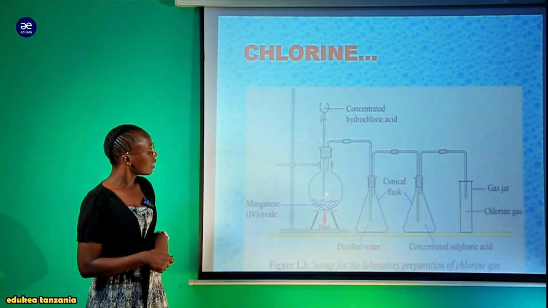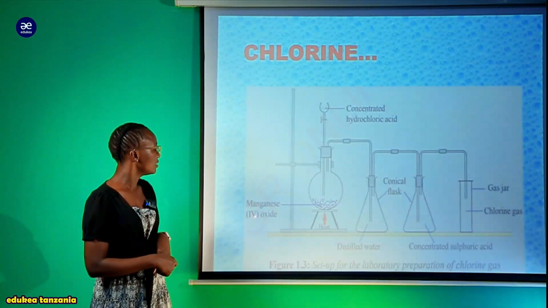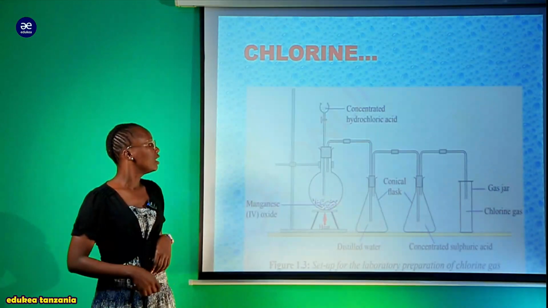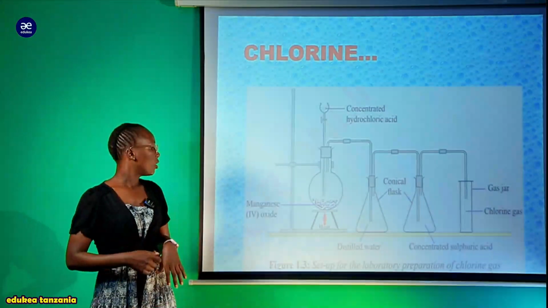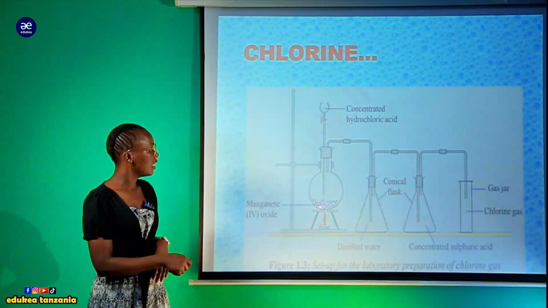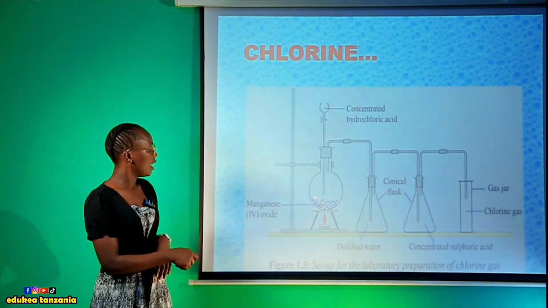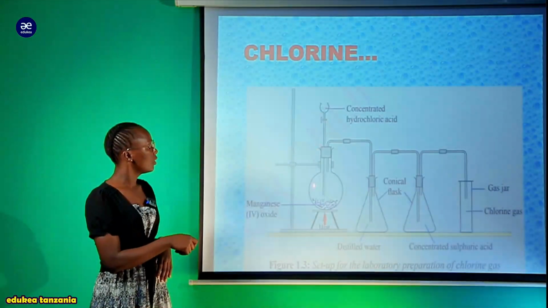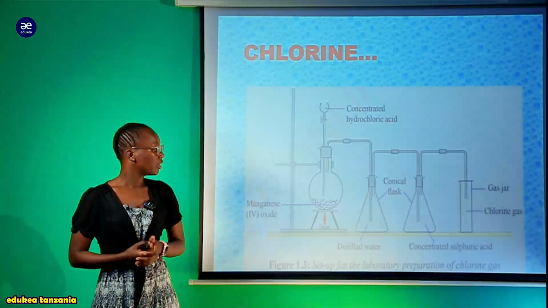Vile vile here we have the manganese 4 oxide. So here in the round bottom flask tuna our oxidizing agent, which is manganese 4 oxide. Now as you see here, it is in solid state. Now here it tends to enter concentrated hydrochloric acid.